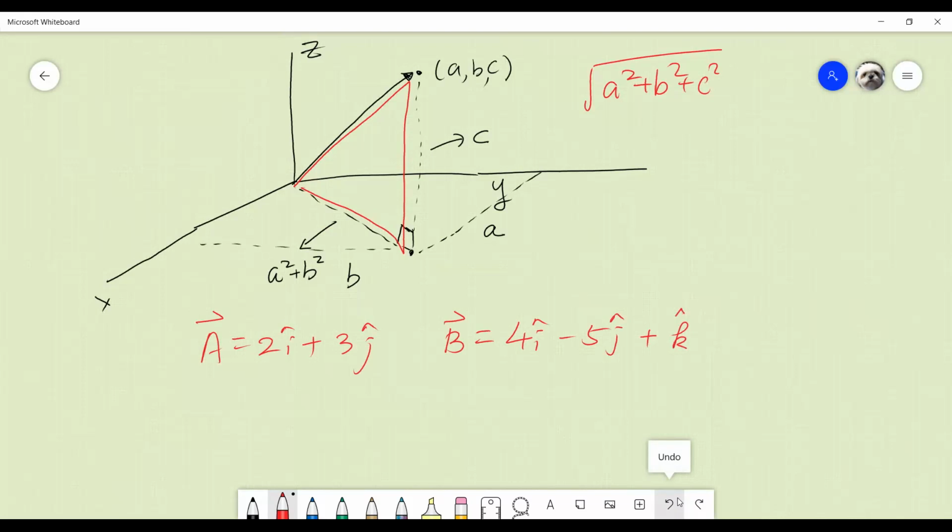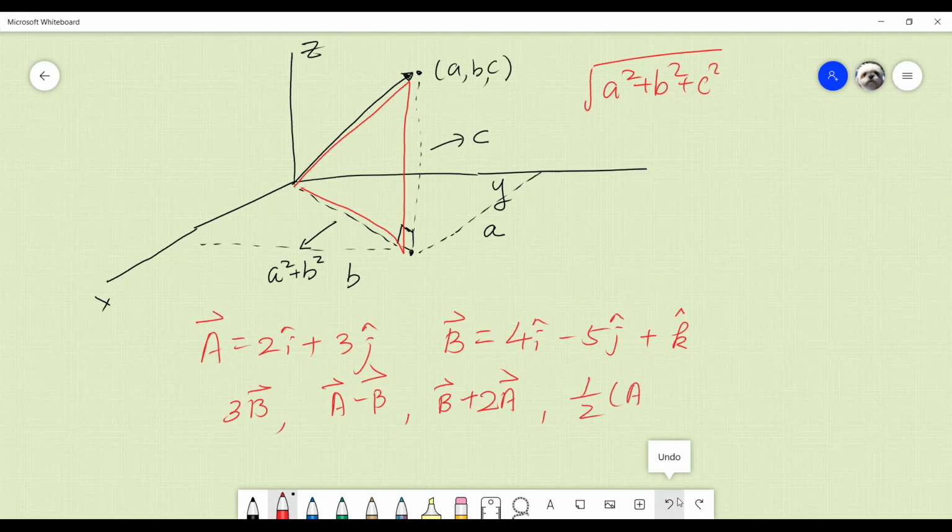What I'm going to ask you to find is: A, what does 3B equal to? And then what is A minus B? And then what is B plus 2A? And then what is 1/2 A plus B? Good.